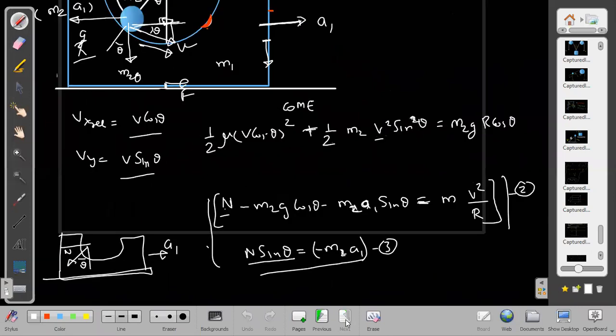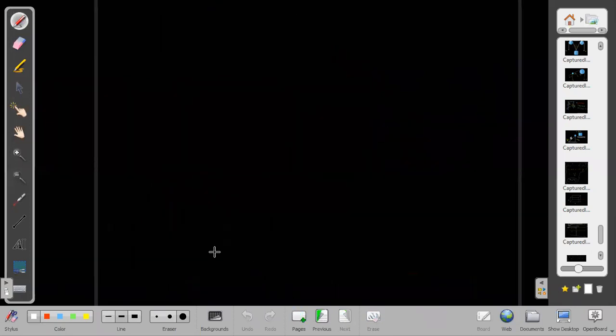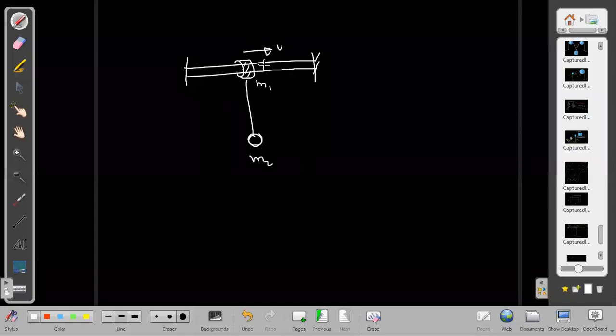For example, this question I can also ask in this way, that this is a body here, and suddenly an impulse was given, and because of the impulse it gained some velocity in the horizontal direction, that is v1, and this mass m2 was at rest, and the system was initially at rest.